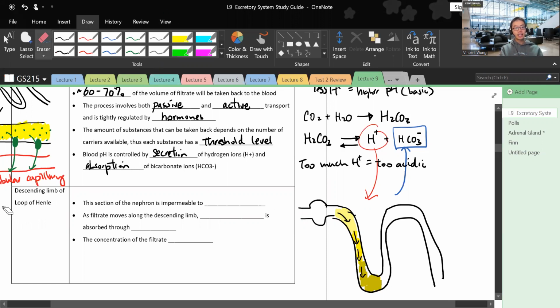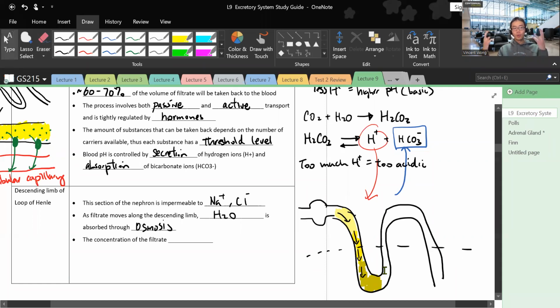So the descending limb of the loop of Henle, this section of the nephron, is impermeable to sodium and chloride. As filtrate moves along the descending limb, water is absorbed through osmosis. Because, as I was telling you earlier today, as you go deeper and deeper into the medulla, the surrounding area gets saltier and saltier.